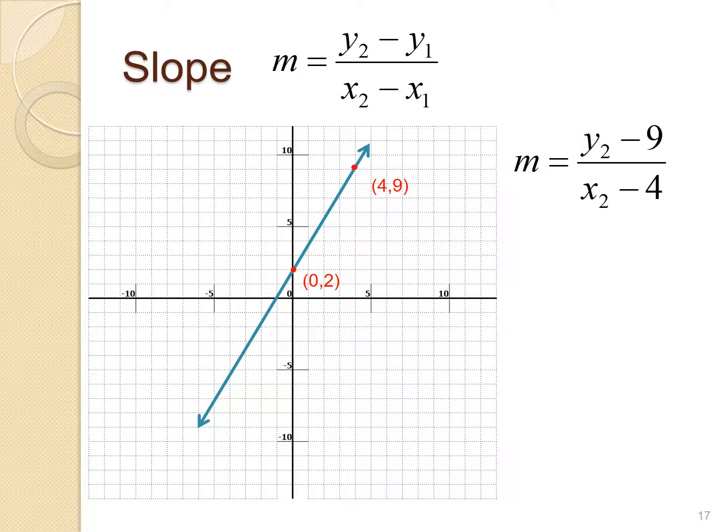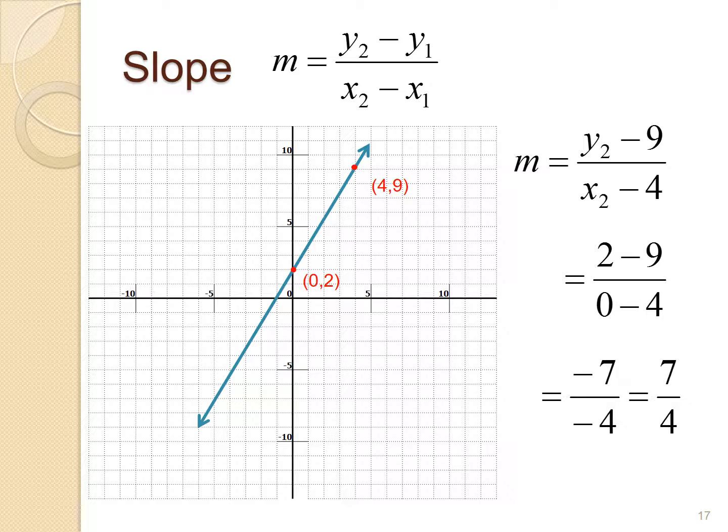Now we use our second point, and we take the 2 and the 0 and plug those in there as well. So the y value for the second point was 2, and the x value for the second point was 0, so we plug those values in. Now we just simply do the math. 2 minus 9 is minus 7, 0 minus 4 is minus 4, so the negatives, when you divide, cancel each other out, so to speak.